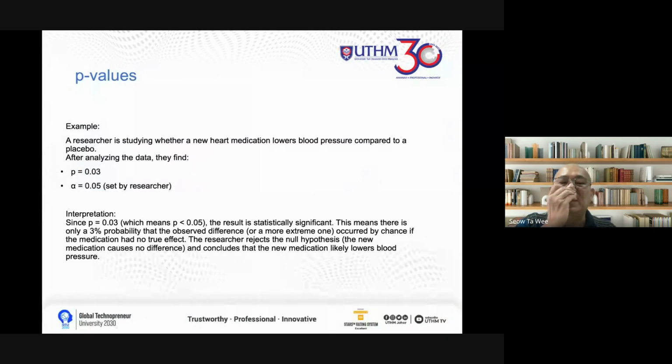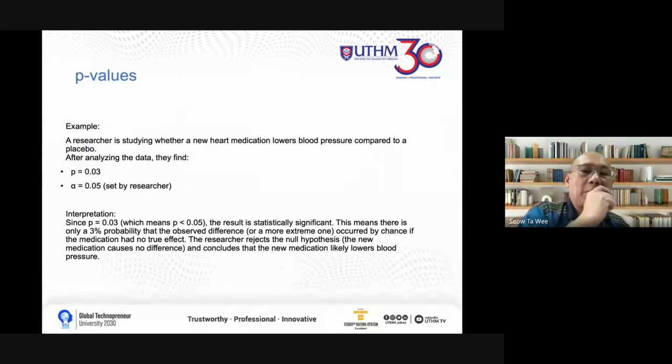We must make sure it is less than 0.05. This means there is only a 3% probability that the observed difference, or a more extreme one, would occur by chance if the medication had no true effect. So researchers reject the null hypothesis that the new medication causes no difference.